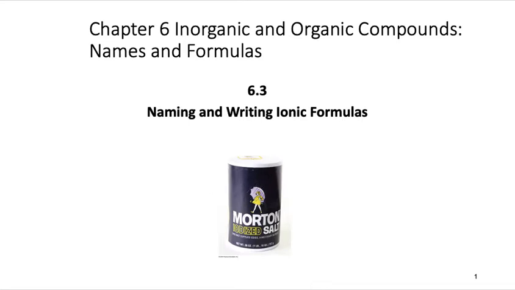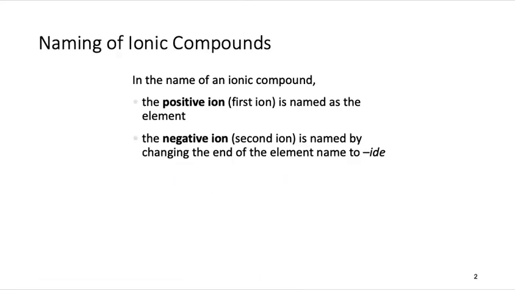First of all, you have to know that the positive ion, that's the cation, C-A-T-I-O-N, the positive ion is first, and you just name it with its periodic table name. So if it's carbon, say carbon. If it's lithium, say lithium. There's always two parts to a compound.